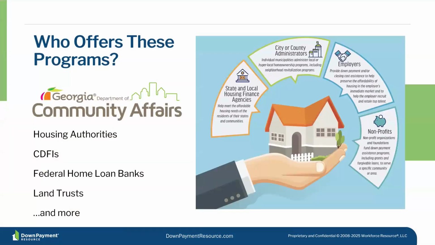So let's talk about who funds and administers these programs. I mentioned before, every state has at least one housing finance agency, like Georgia Department of Community Affairs, who offers programs in Georgia. In addition to the state agencies, there are city and county governments that often have community or economic development departments or housing authorities.